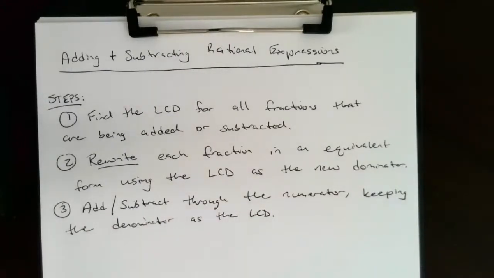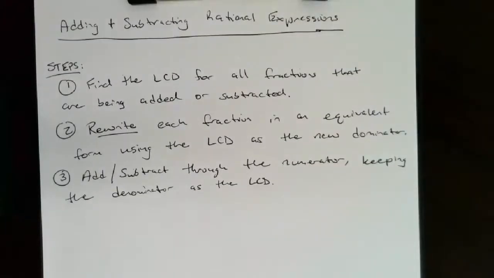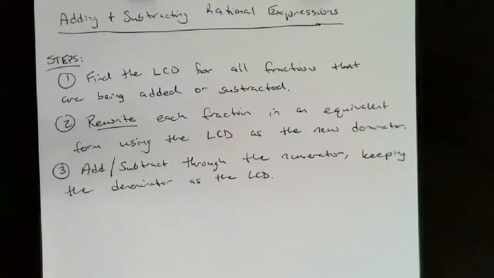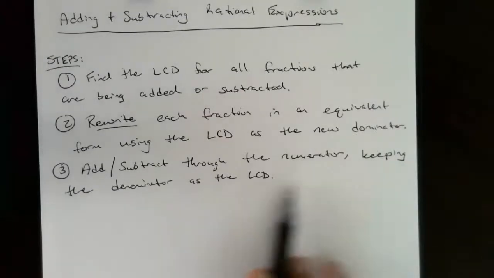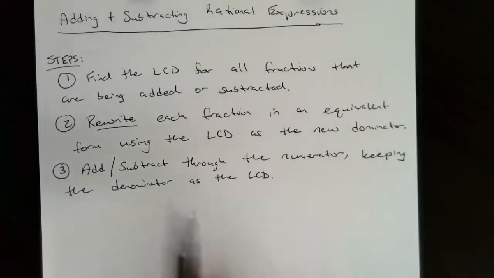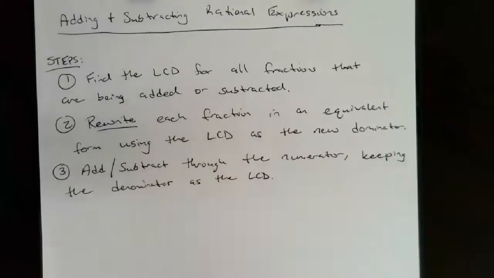So you add or subtract straight through the numerator, through the top, and you want to keep the denominator the same, right? That's what's allowing us to add and subtract, is that the denominator is going to be the LCD, is going to be the same.